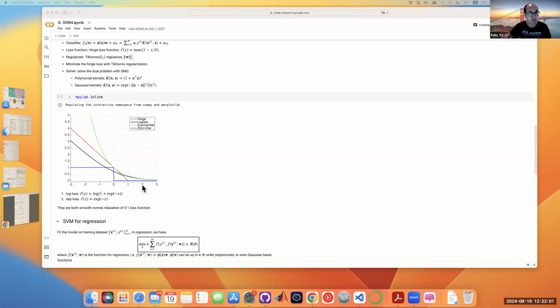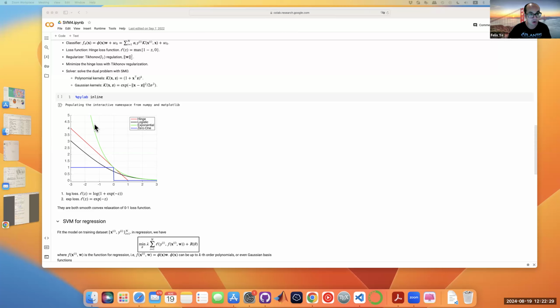For example, hinge loss, 0-1 loss, exponential loss, and the logistic loss, which is also called log loss, which is log of 1 plus exponential of minus z. If you actually plug it in, this becomes logistic regression. You can see all these losses are monotonically decreasing.